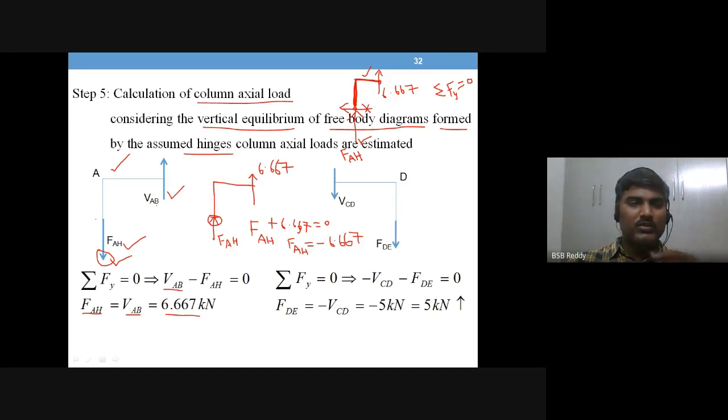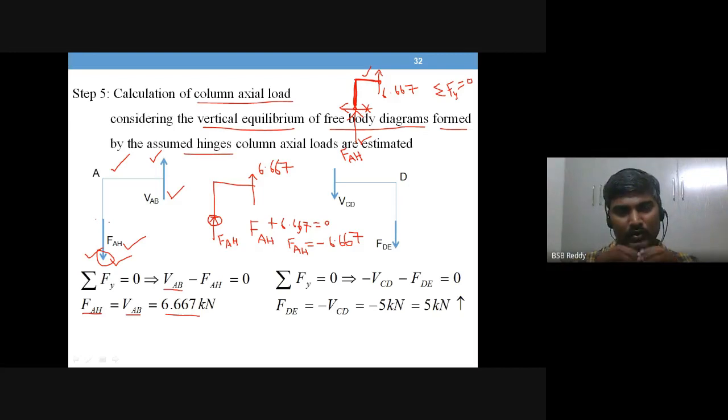So just by observation, you can put the arrow in a guessed manner. Here you have an upward force for shear, so to balance that, there should be a downward arrow. That's much simpler.